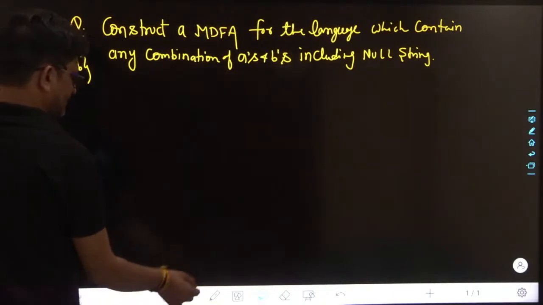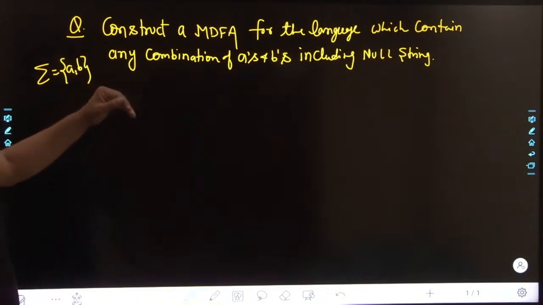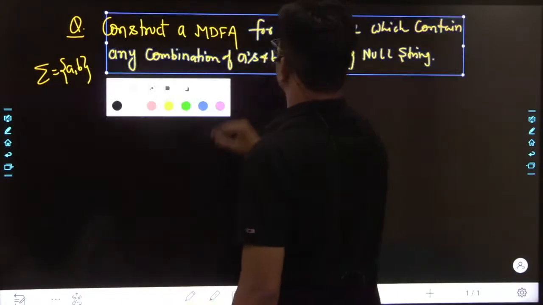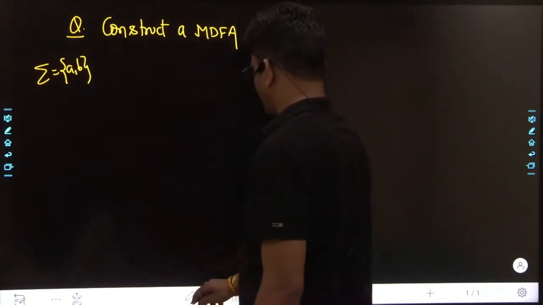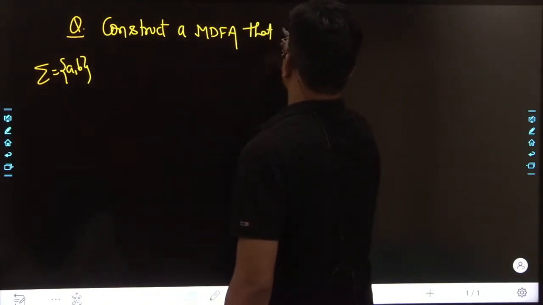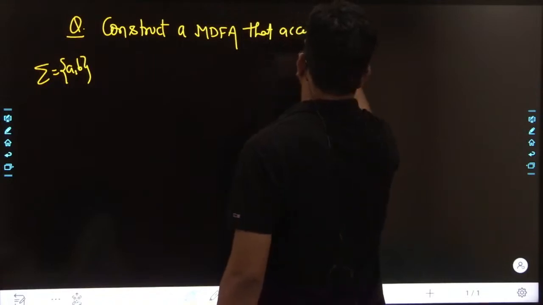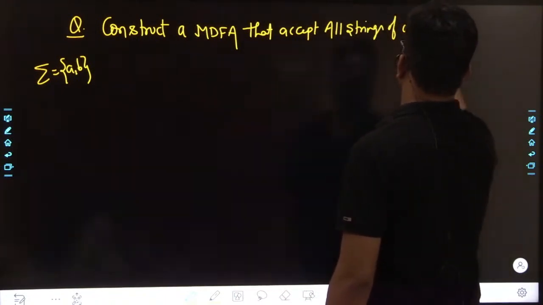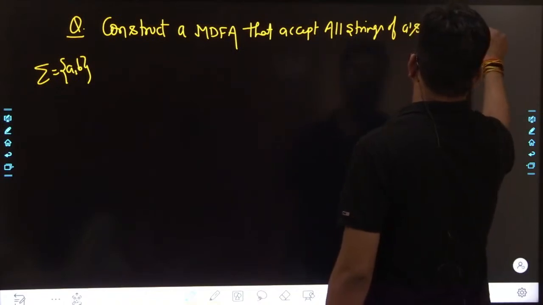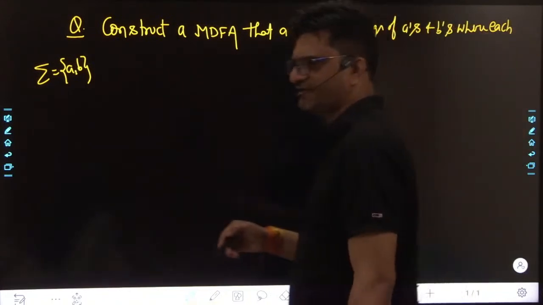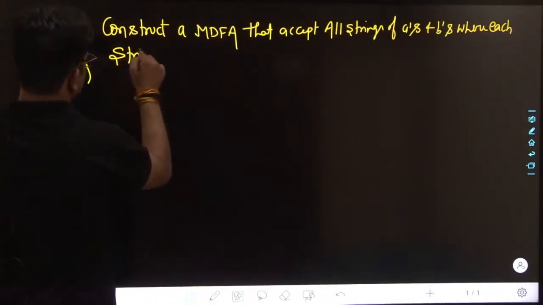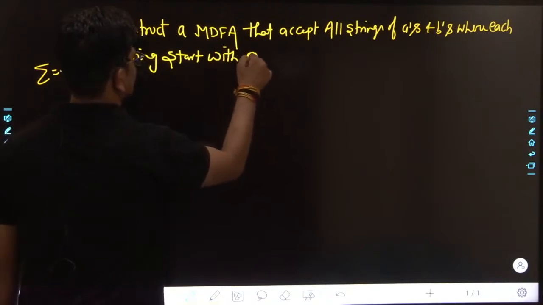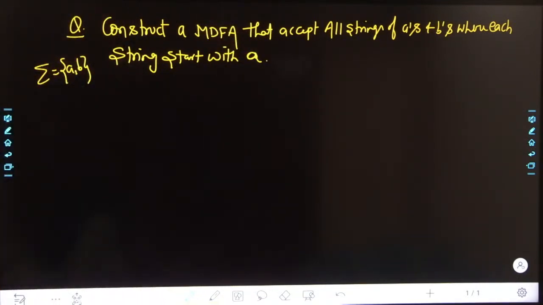Construct a minimal DFA that accepts all strings of A's and B's where each string starts with A. Start with A. Try to solve this question.